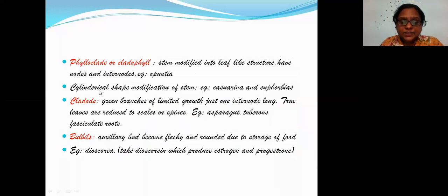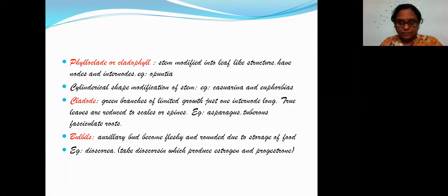So the cylindrical shape modification of stem, that is Casuarina and Euphorbia. In this, what I have written, actually, they have asked in one of the NEET papers about the stem which has modified itself into a leaf, that too a leaf with a cylindrical shape. Give emphasis on this cylindrical.